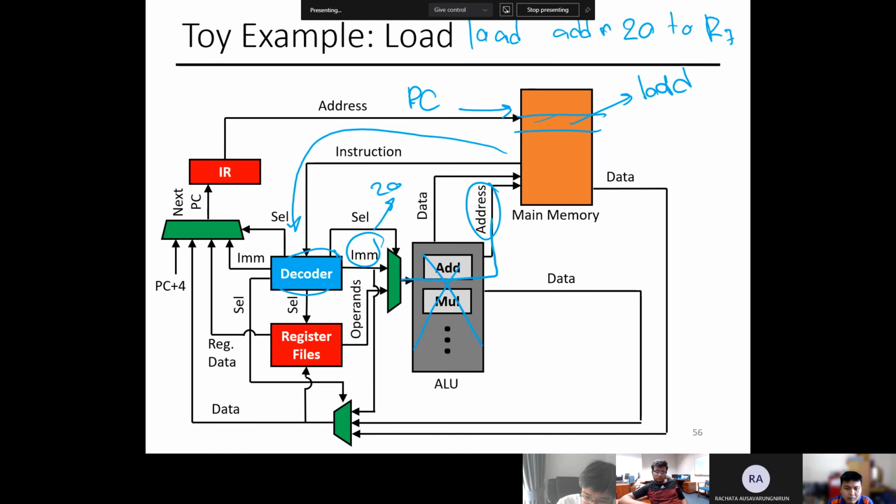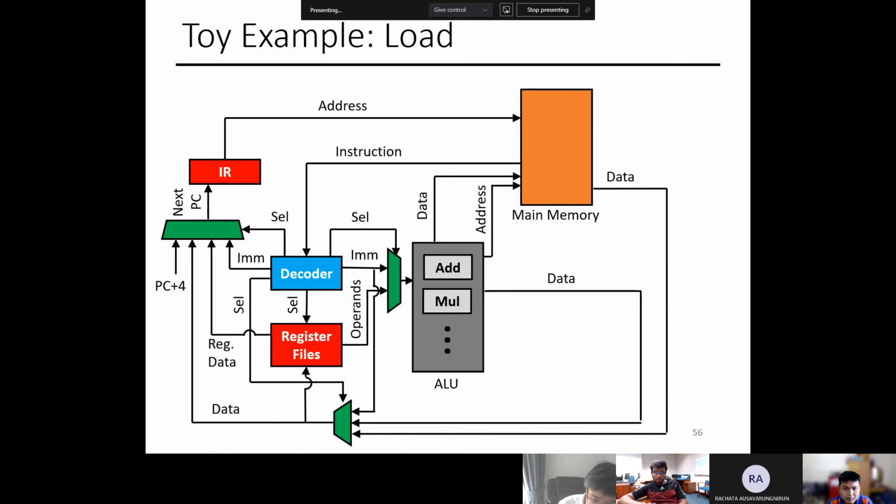I forward this directly to the address. So this has the value 20. I don't do anything with the adder or multiplier. I just forward them directly to the address. And whatever data comes back, I then select R7 here so I can write the data back to the register file, right? That's another thing you can do with a load instruction.